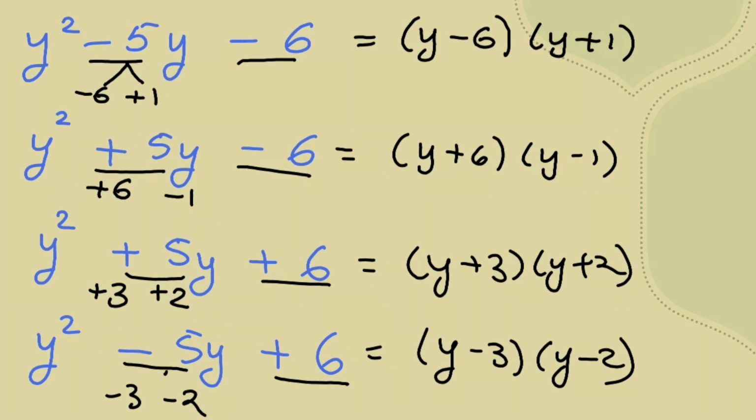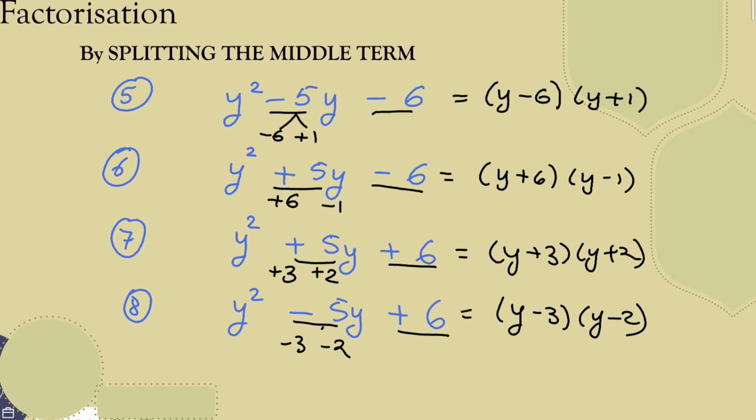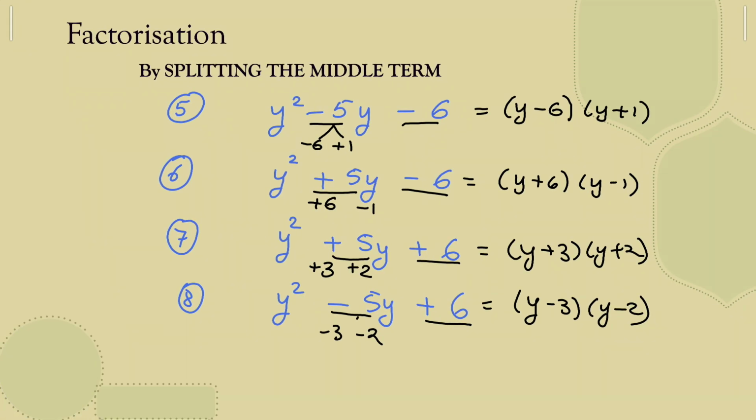So the numbers that you get for splitting along with their signs, they will appear in the brackets. This applies only when coefficients are 1. This shortcut trick can be used while solving MCQs or checking the answers.